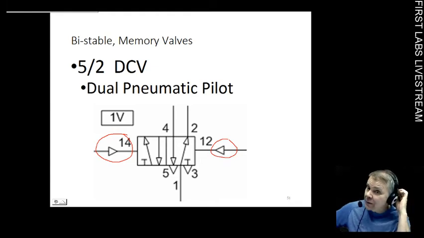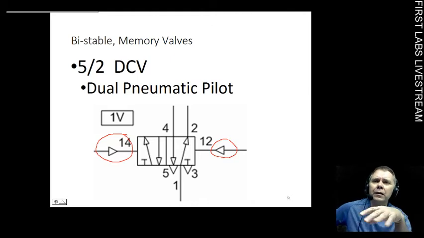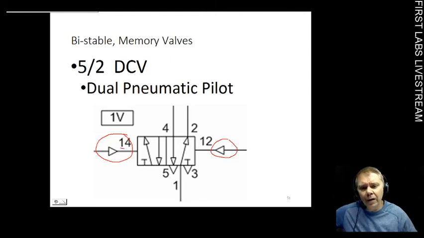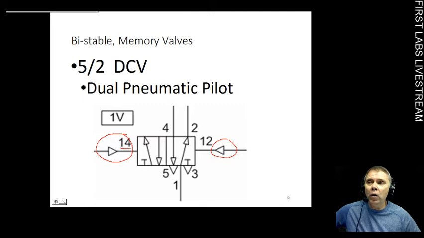Now, the interesting thing about these is that they also call them memory valves sometimes because they hold their last position, they memorize it, or they call them shuttle valves. These are shuttle valves because they shuttle back and forth and they stay in their last position. And you'll notice there's a number on here, number 14. Well, that's kind of a hint. It's the port number, but it's also a hint that tells you when you operate this, port number 1 is going to be connected to port number 4.